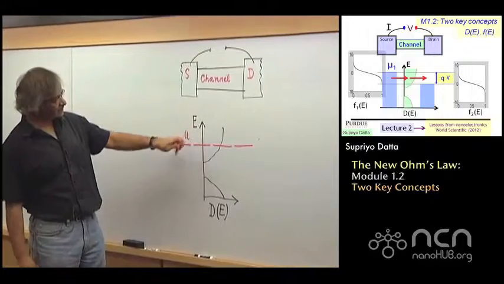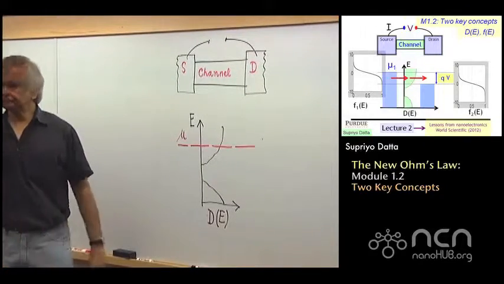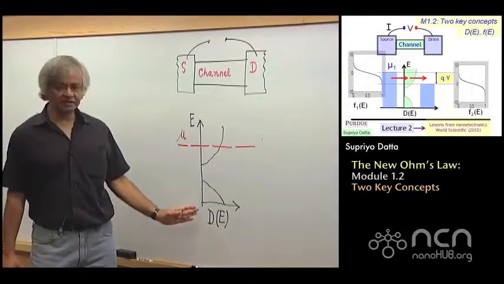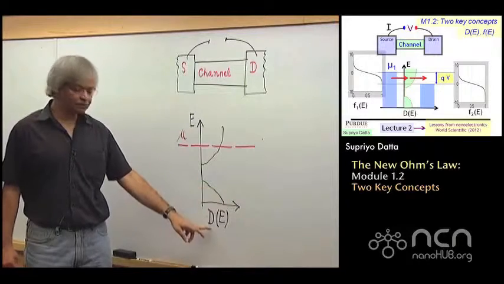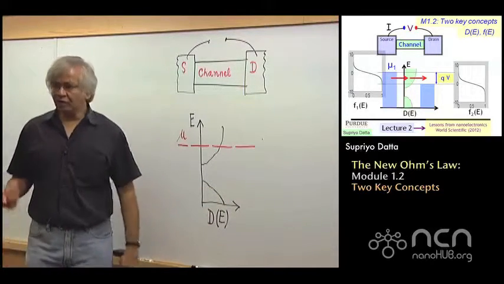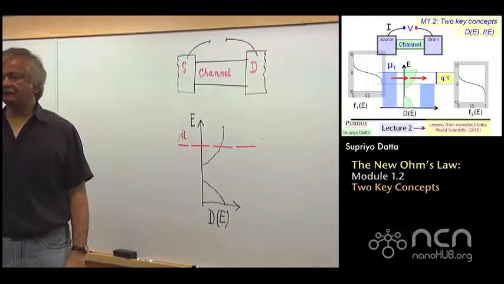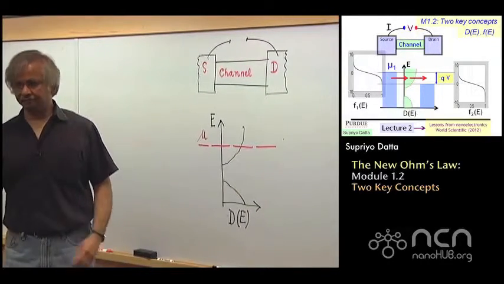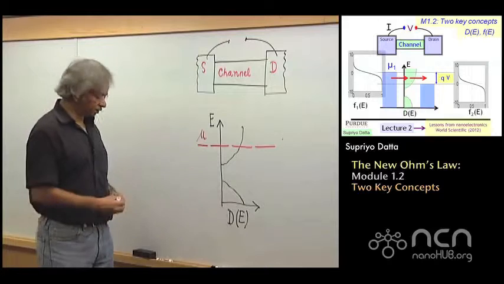Along the vertical axis is energy. Along the horizontal axis, I have what's called the density of states, which tells you how many states you have per unit energy at that particular energy.